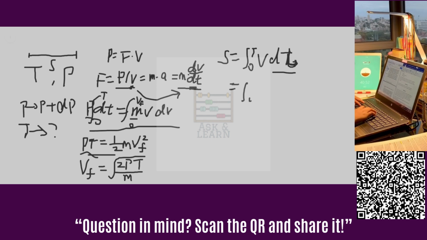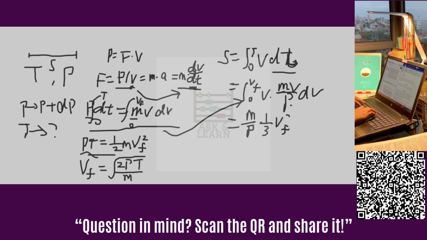So we can replace, sorry, this is small t, it's not capital T. We can replace this dt with some formula in terms of dv, because we're using dv this time. So basically the integral range will be from 0 to Vf, and the v, and then the formula of dt, which is m v over P times dv. Okay, so this is from this relation.